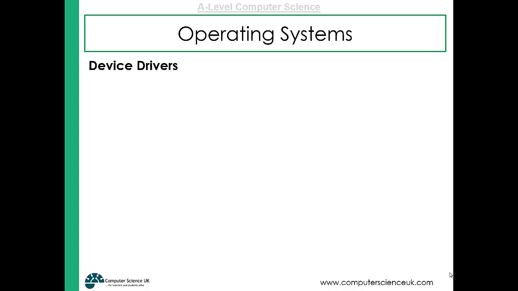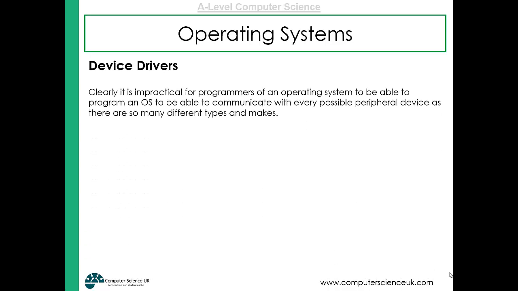Okay, so device drivers. So if you think about a program or an operating system, operating systems are to be run on thousands of different configurations of computers. One computer might have one sort of CPU, another computer might have another sort of CPU, one might have a certain bit of RAM made by one company, and another might have a bit of RAM made by a different company.